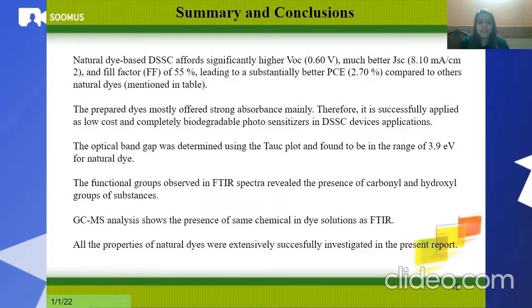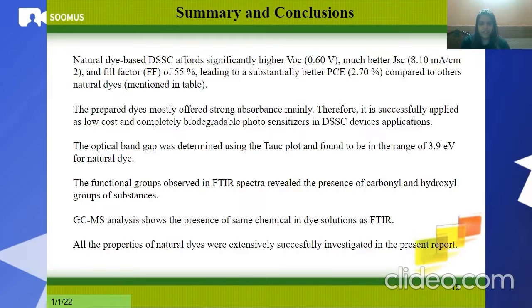extensively and successfully investigated in this present report, and the novelty of this work is that the natural dye we extract from the fruit is reported for the first time in DSSC application, and we successfully get all the photovoltaic parameters in the solar cell application.